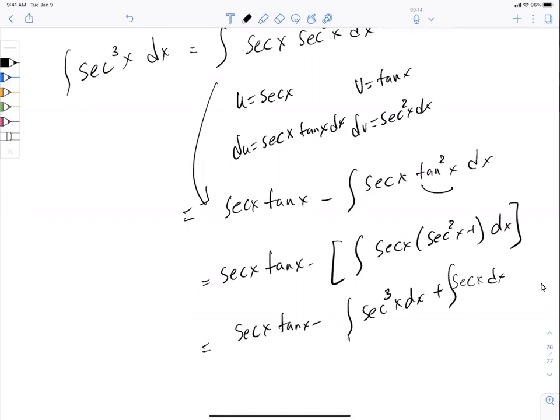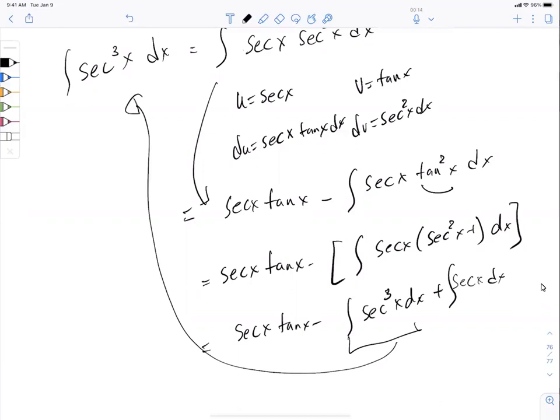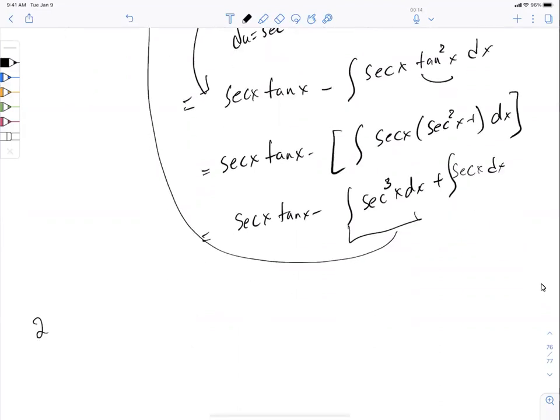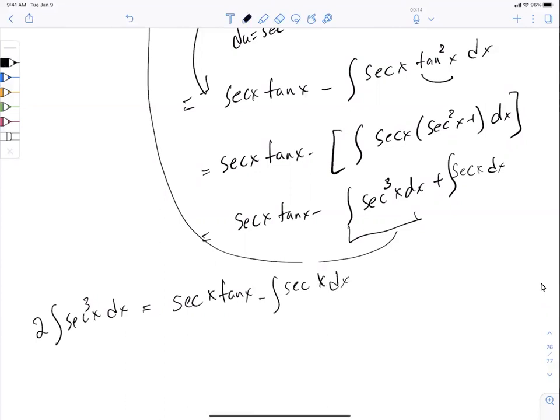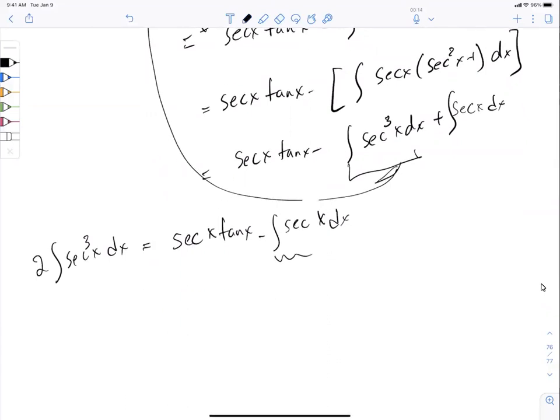Now remember, secant cubed is what I wanted, right? So I take it to the other side. Now I know how to calculate this. I just took that to the other side. I know how to calculate this from recent lectures.